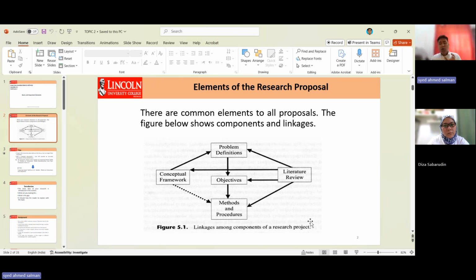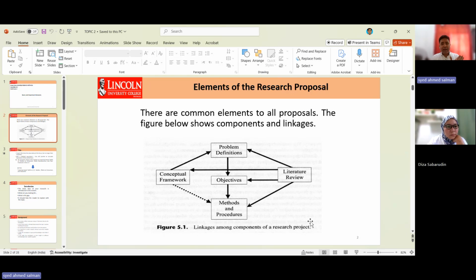After reading a lot of articles, you will come to know that there is no research or there is less research in this particular state on the usage of social media and students' academic performance. Okay, so with the help of the literature, you are developing the problem statement.